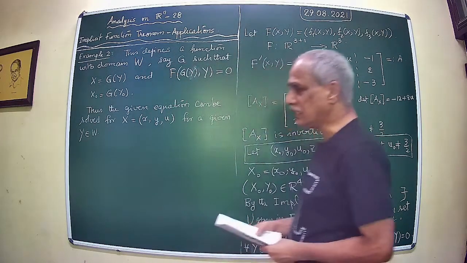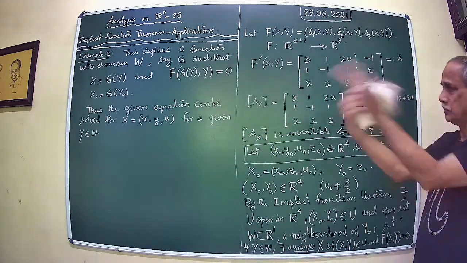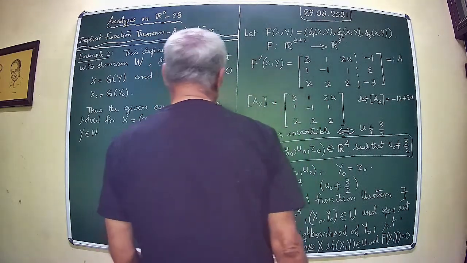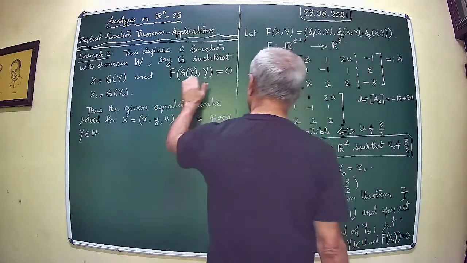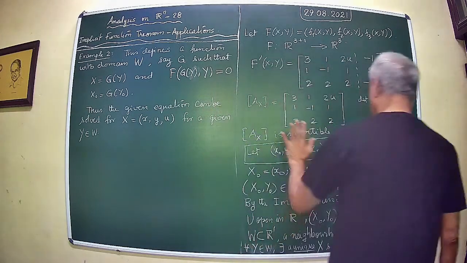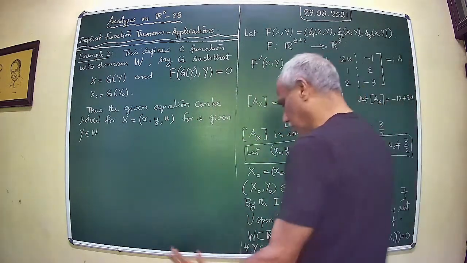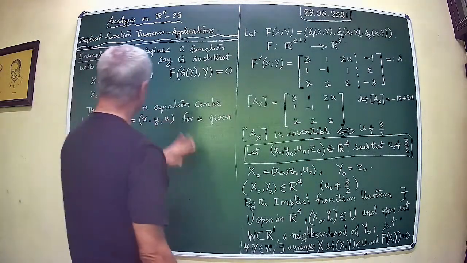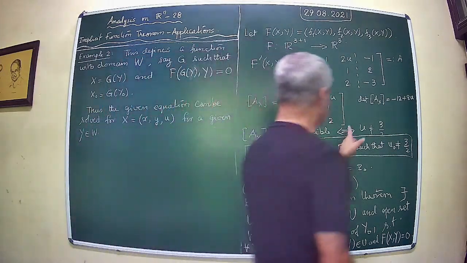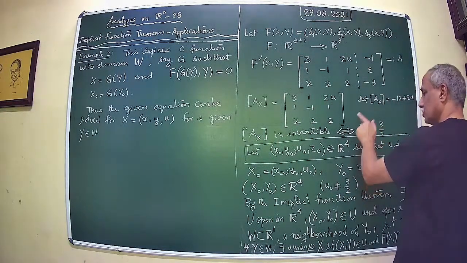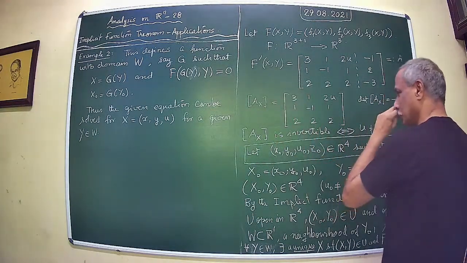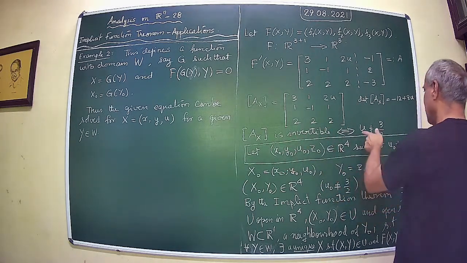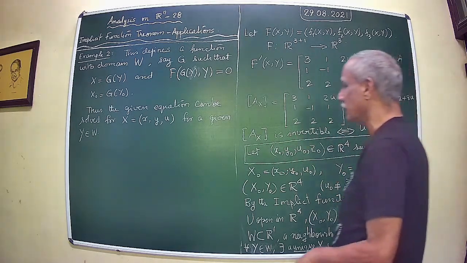Thus for any choice of y there is a corresponding x(y, u), and by the condition that f of (g(y), y) is equal to 0, it assures that this condition will not occur. So in the x(y, u) that you solve for a given y, there is a unique solution and u will not be equal to 3 by 2.